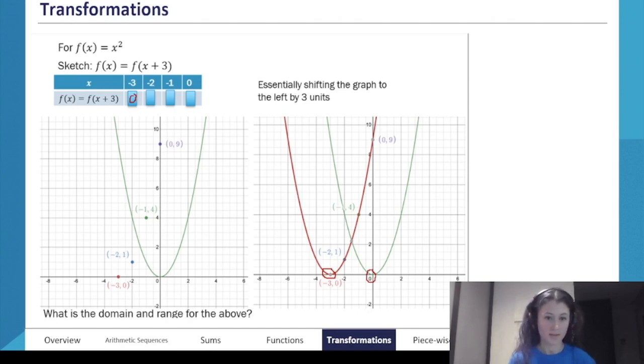If our x is negative 2, then our function is going to have a value of 1, and so on. As you can see, if you add a number to the x in with a function, then you're going to be shifting it left by that number of units.